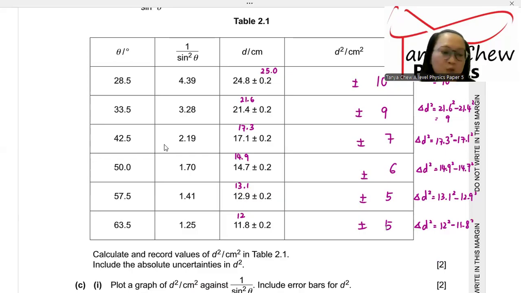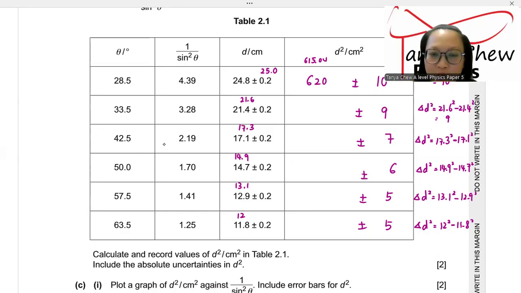You're supposed to get 615.04 for the first value. But since for the first absolute uncertainty I rounded it off to the nearest 10, this d squared value I would also round off to the nearest 10, which is 620, without any decimal point, because my absolute uncertainty of d squared has no decimal point.